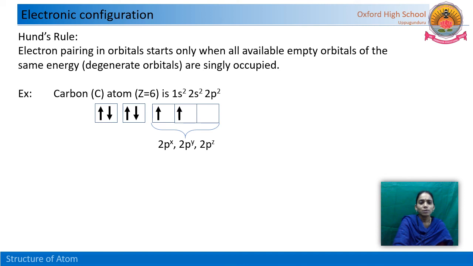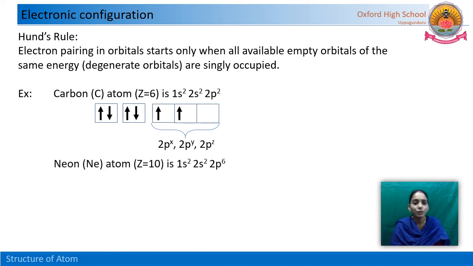So let us see one more example in detail. For the neon atom, we know the atomic number is 10, so we have 10 electrons. The electronic configuration we can write as 1s2, 2s2 and 2p6. See here, first 1s2 and 2s2.